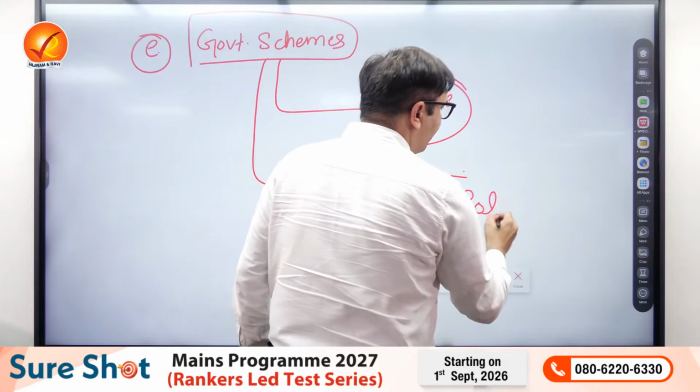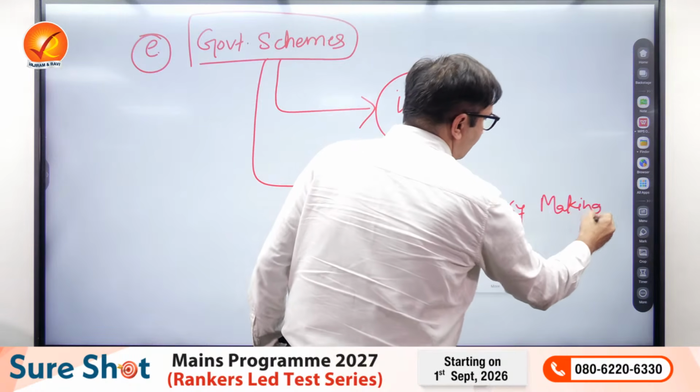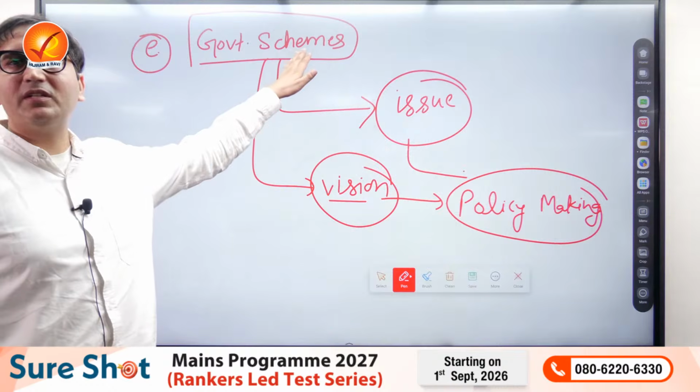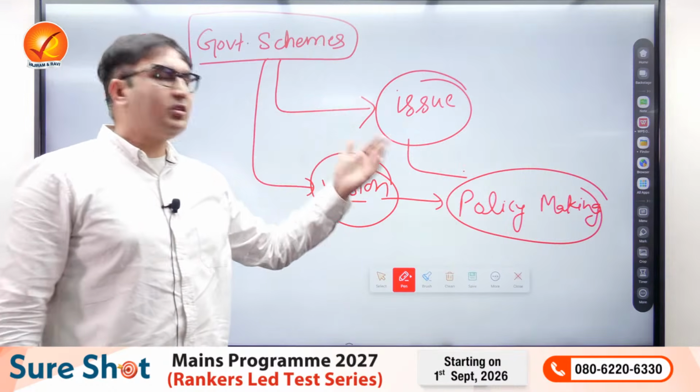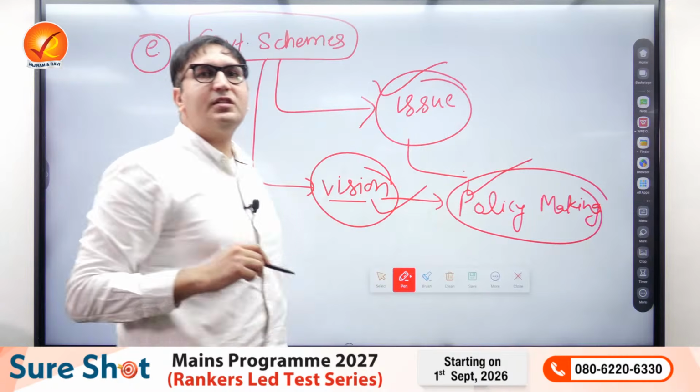The vision of the policy making they tell. So once you substantiate your point with the government scheme, the examiner knows that you know the issue, you know the vision, you know in which direction policy has to move.